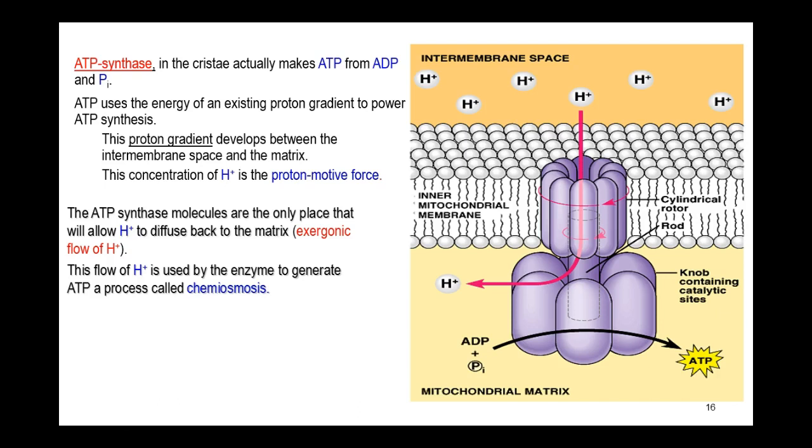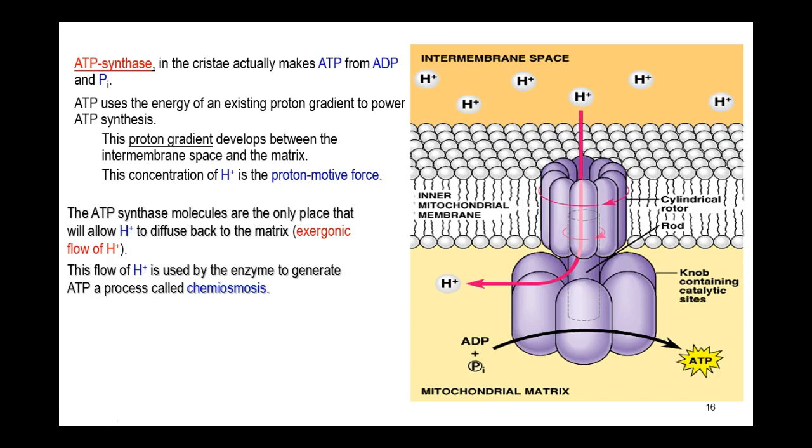So this proton, not protein, but proton gradient is going to move what we're calling this ATP synthase, is going to cause it to turn.